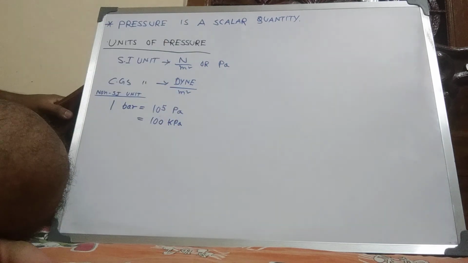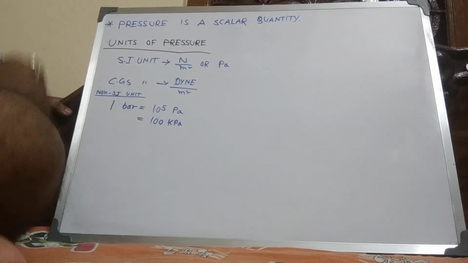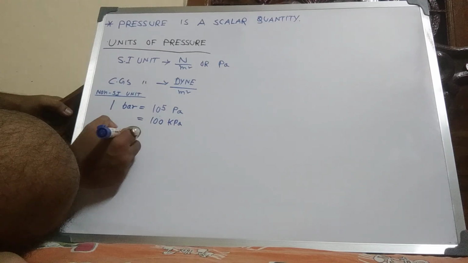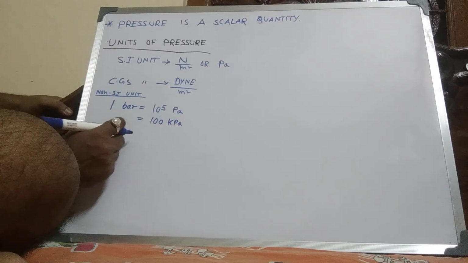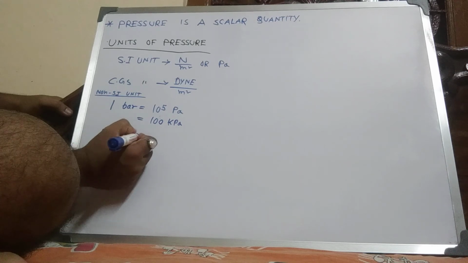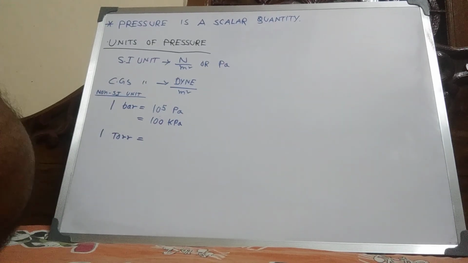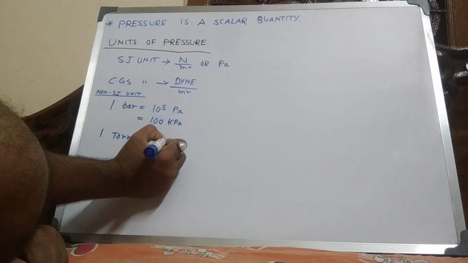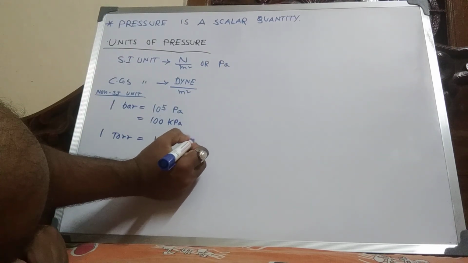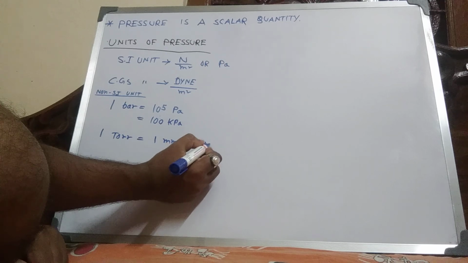Another unit is 1 torr. 1 torr equals 1 millimeter of mercury.